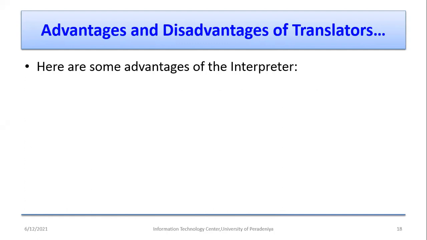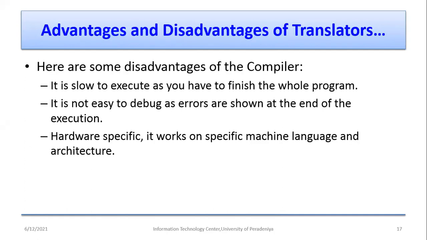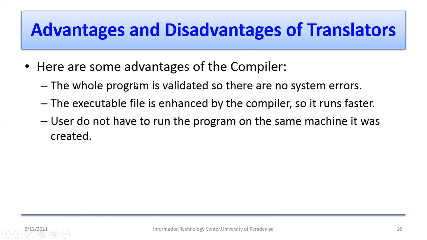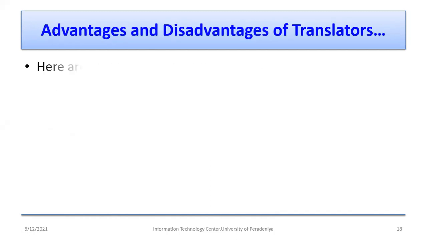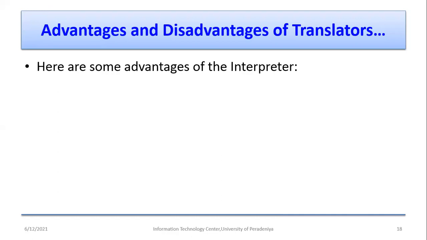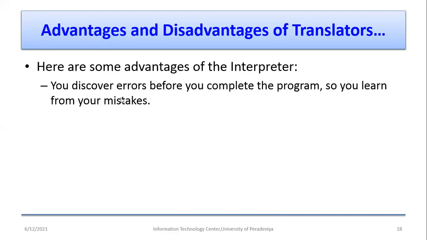So here are some advantages of the interpreter, right? We have already discussed the advantages and disadvantages of the compiler. Then we discussed the advantages of the interpreter. Here you discover errors before completing the program, because the interpreter takes line by line.